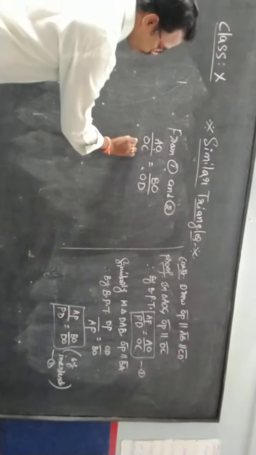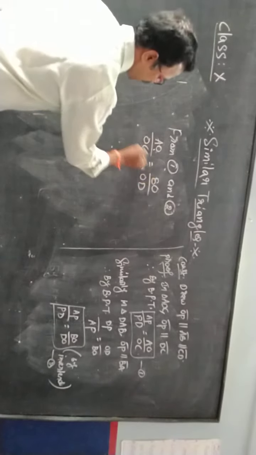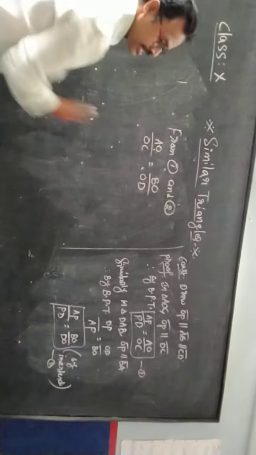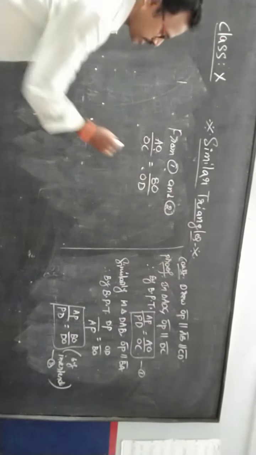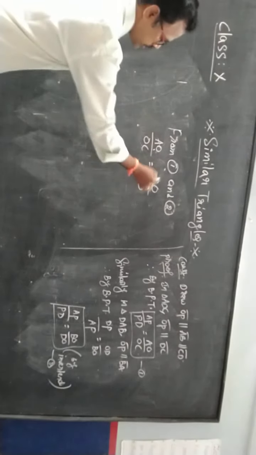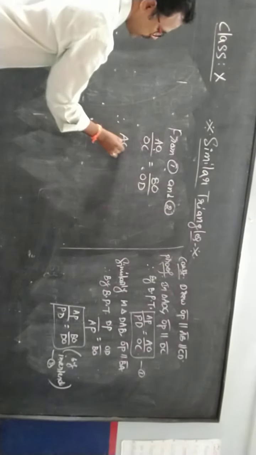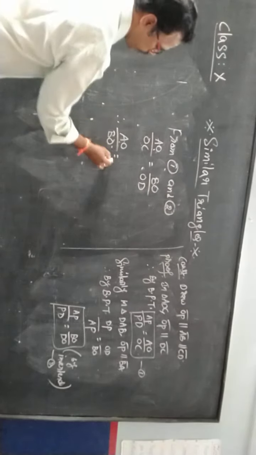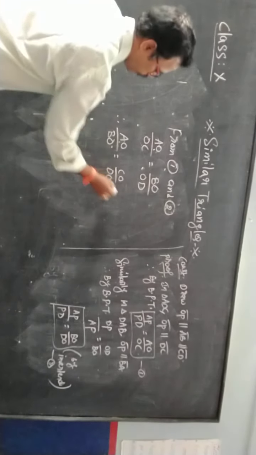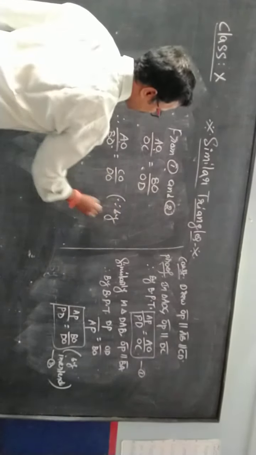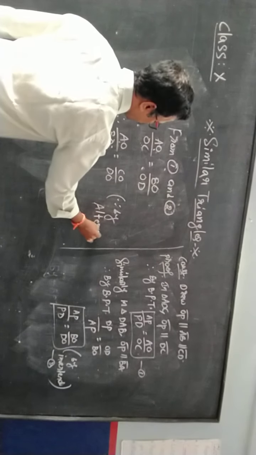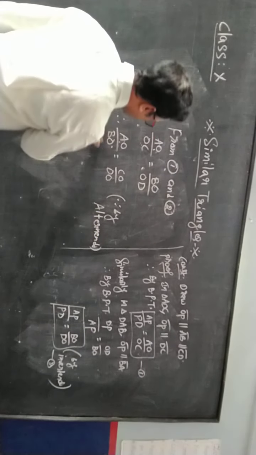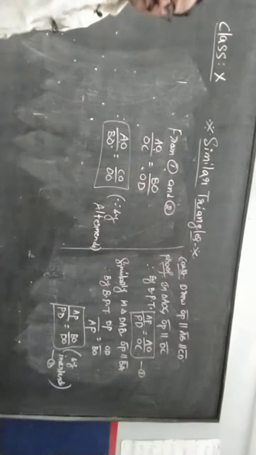Now I change only OC and OB to get my answer. This procedure is called alternando. Now I change BO to this side and OC to that side. Therefore, AO by BO is equal to CO by DO. This is by alternando. Hence we proved our proof.